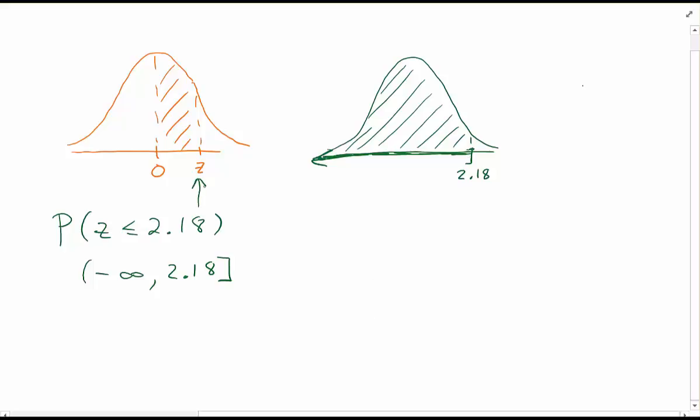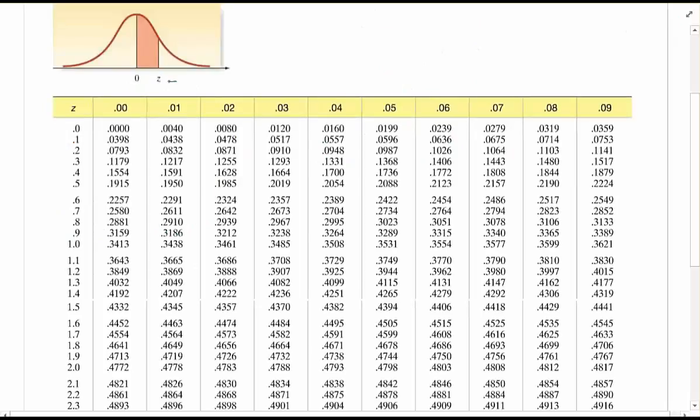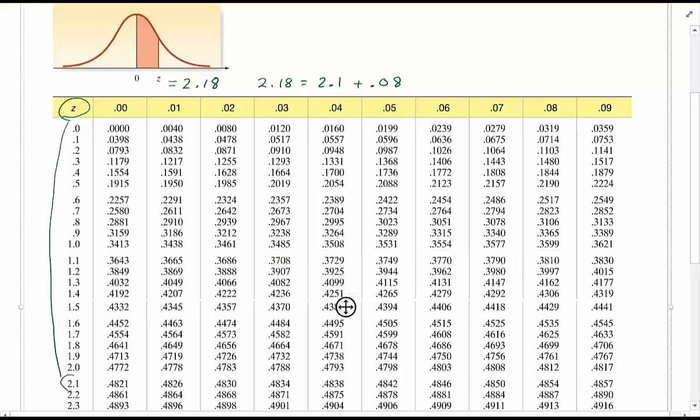So I'm going to look up 2.18. Notice that the standard normal table will give me the area from the center out to that 2.18. So looking up z equal 2.18. Now 2.18 is 2.1 plus 0.08. So for z, I'm going to go down here to row 2.1 and then over to column 0.08.